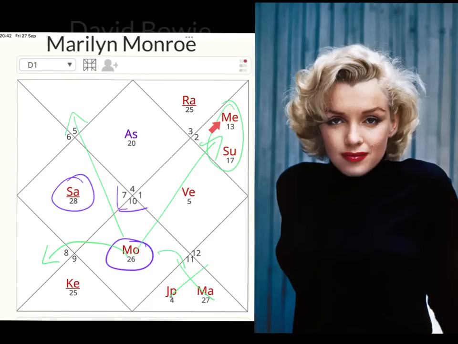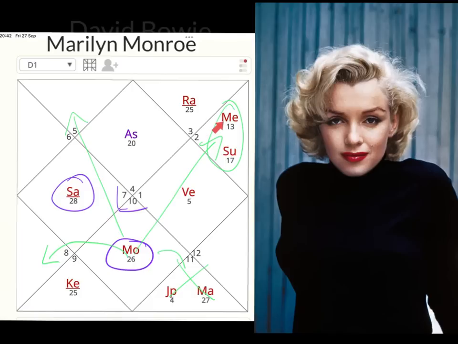Mercury is communication, telephone. She is compulsively communicating. She needs to be in touch with other people. She would be up all night on the telephone. How can we see? Because Mercury is the 12th house lord of sleep. She's not sleeping. She's on the phone.